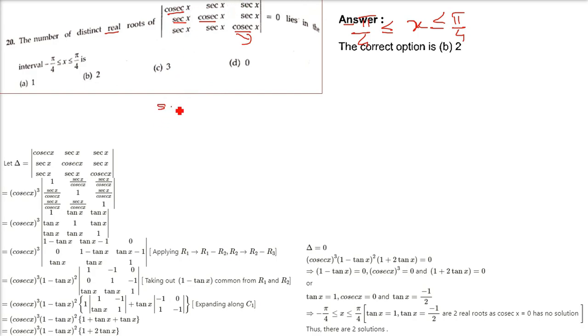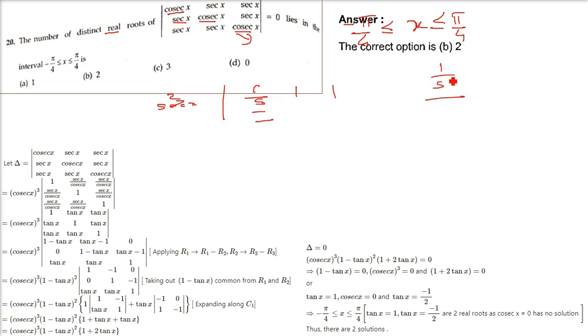If I take sec x common, cosec x by sec x, 1, 1, 1 will be there. You can take sec square, and it can be sec cube also, but this sec cube is going to give you the solution. Let us take, as I just suggested, cosec x.